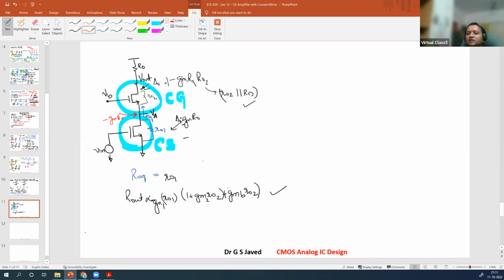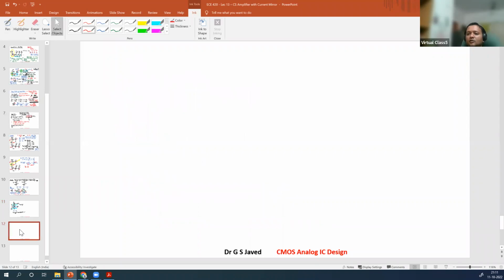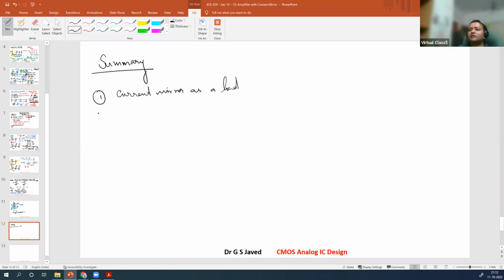Okay, I will stop here and let us quickly summarize what we learned today. First thing, we have learned to apply current mirror as a load. Then we calculated a mathematical example to show how load is used as an active load.